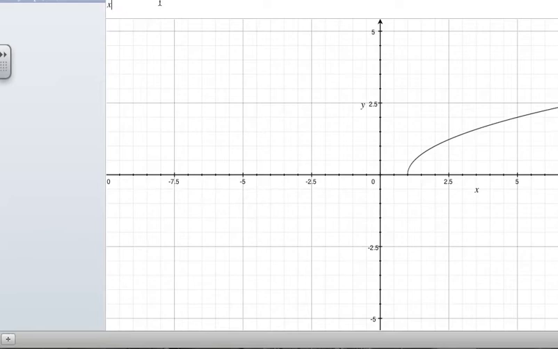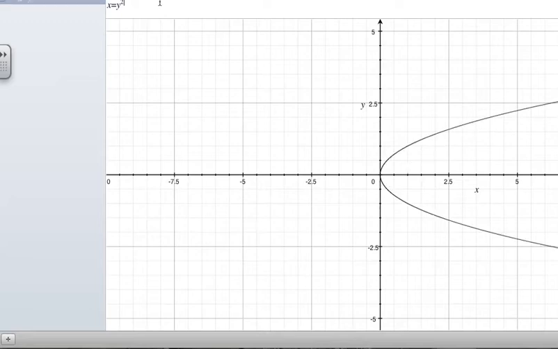Where I had x equals y squared. Oh, good, they have it. All right, so here we go. We've got our graph. Now you notice we didn't even solve it. Now you go in and see if this passes the vertical line test. No, this poor puppy is not a function. It's just a relation.